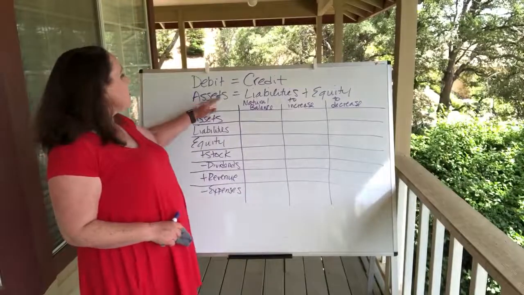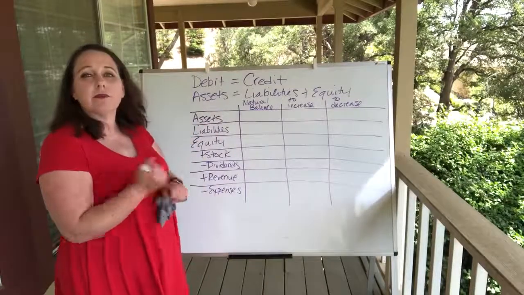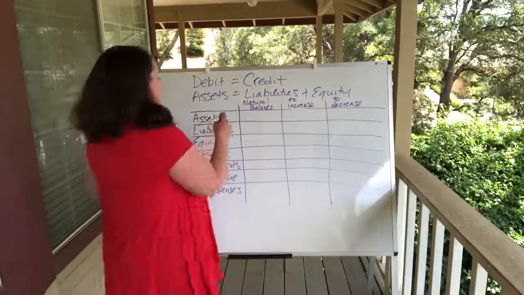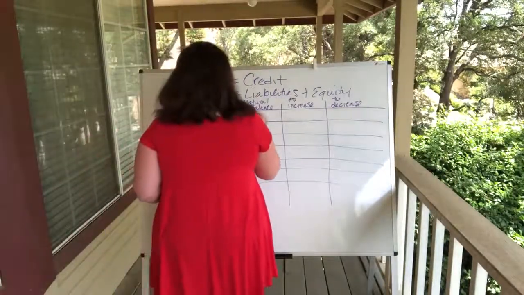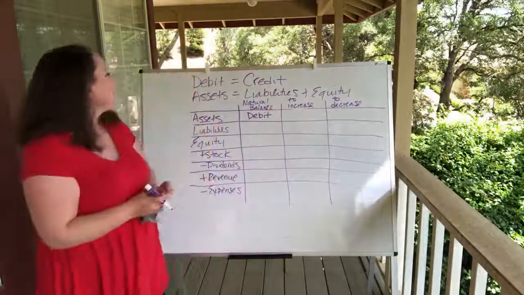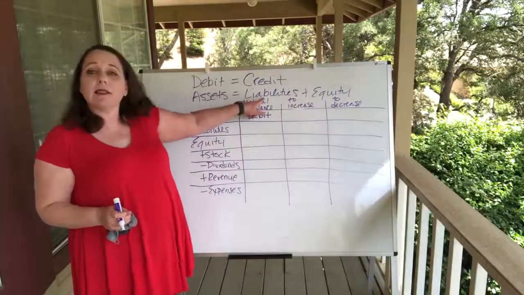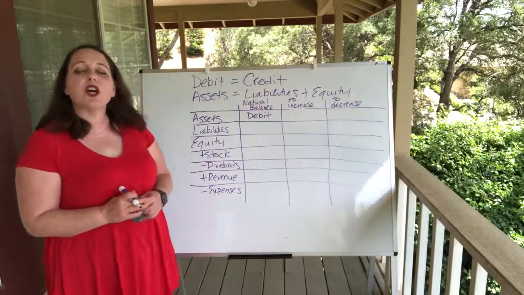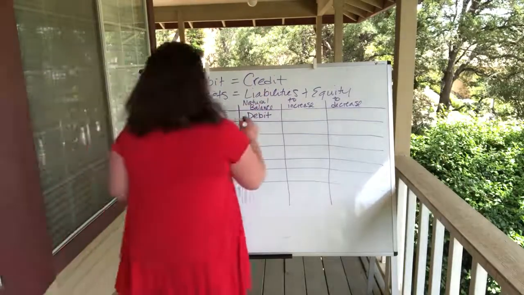So assets, because they're on the left, have a natural debit balance. Liabilities, because they're on the right, have a natural credit balance.